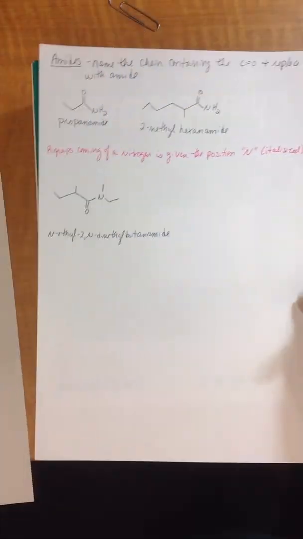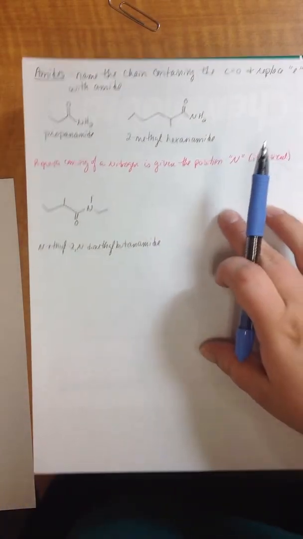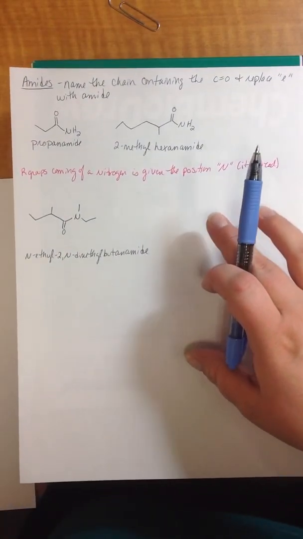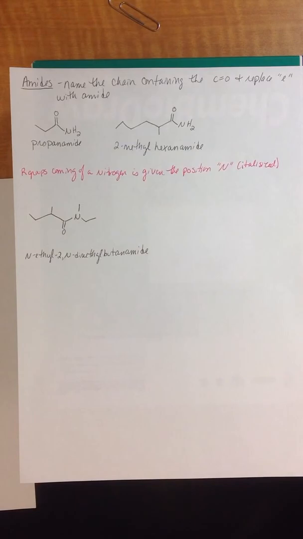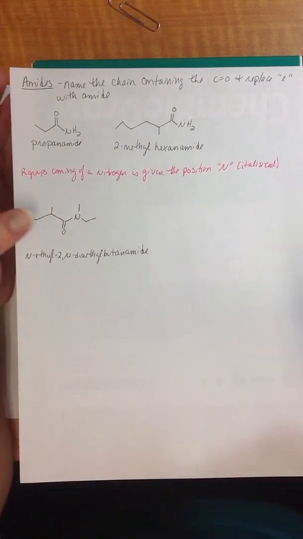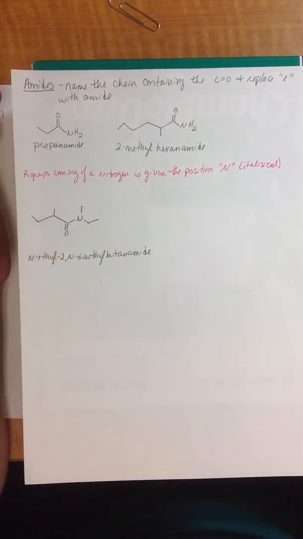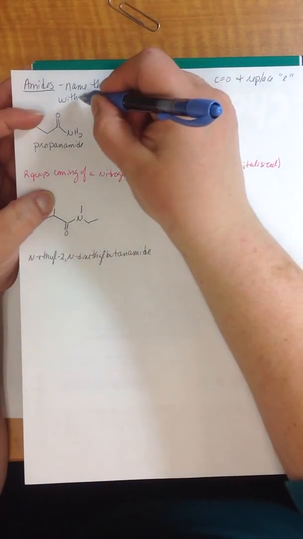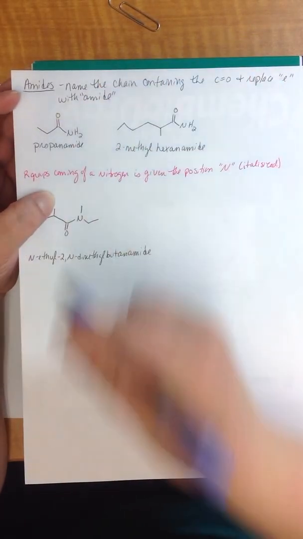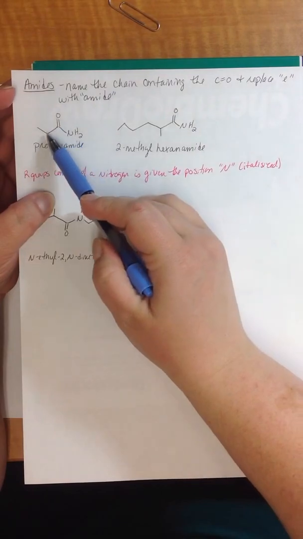Next, I want to talk about amides. Now, you again begin to name the chain with the carbonyl and replace the ending with the term amide. Okay. So this is 1, 2, 3 carbons.